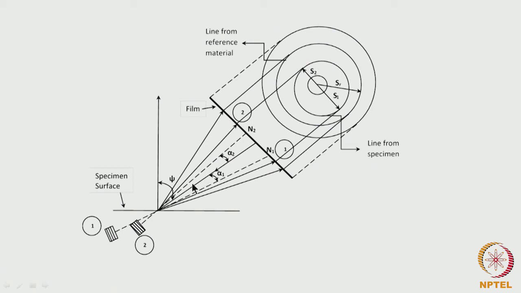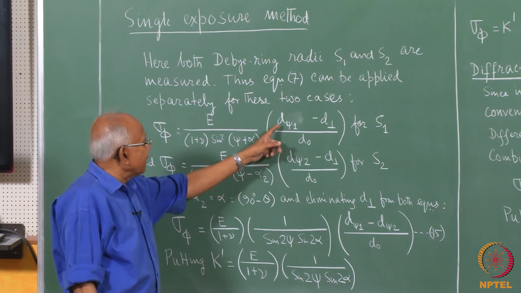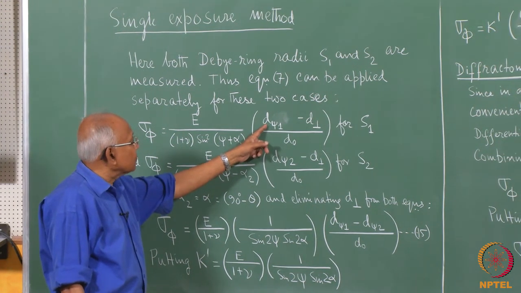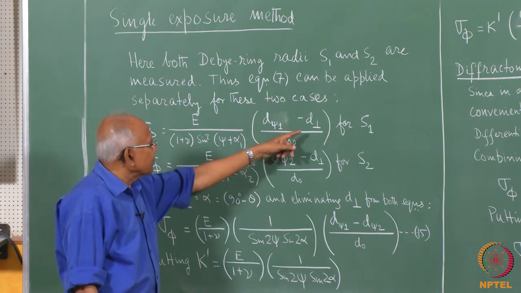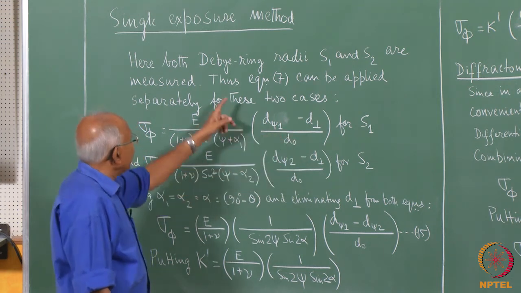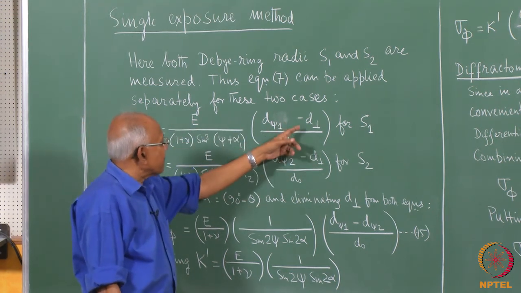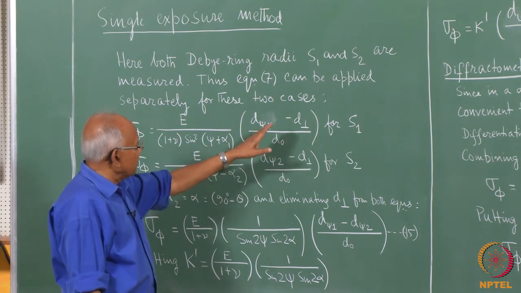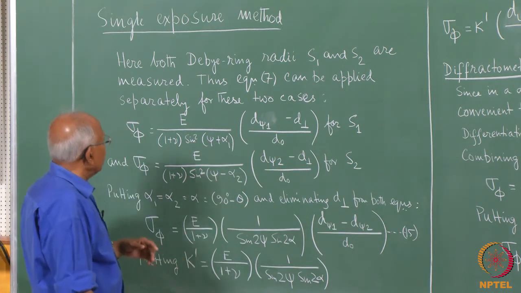For S1, the angle from the specimen normal is psi plus alpha 1, then d psi 1, that means the interplanar distance which has been measured from S1 side, minus d perpendicular, divided by d 0. You know, the equation 7 can be written in this manner for S1. We will see that the d perpendicular will be eliminated, so that there is no need of having the normal incidence X-ray method.